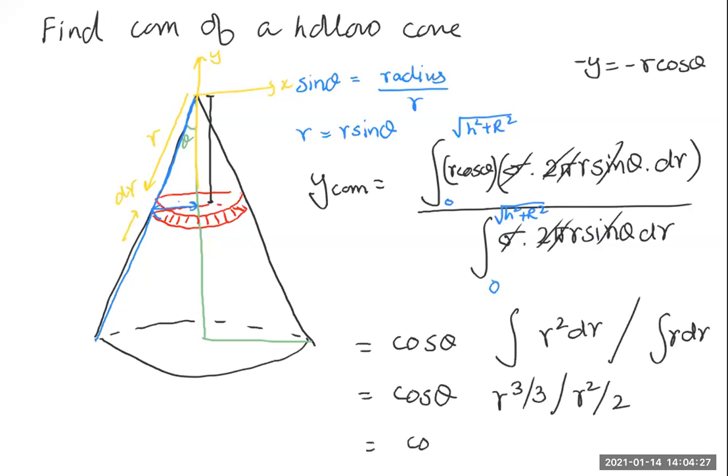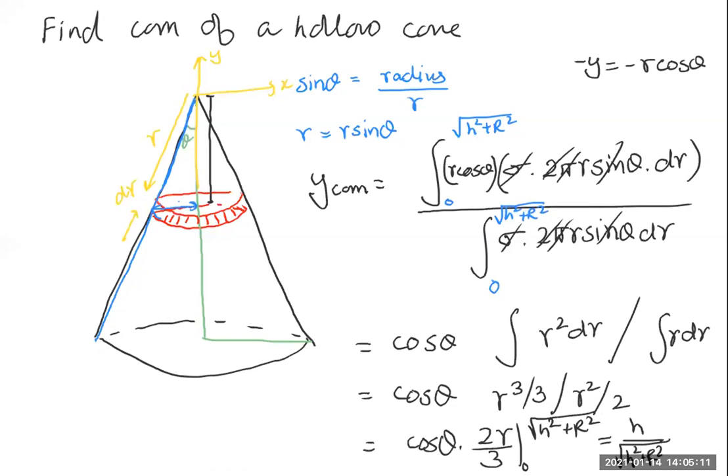This is equal to cosine theta into 2r by 3 from 0 to root of h square plus r square, which is equal to cosine theta की क्या वैल्यू होगी? h divided by root of h square plus r square.